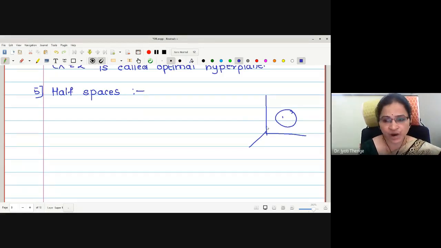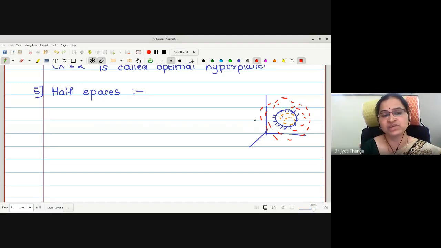The first part is all the points on the boundary of this figure. The second part is all the points inside the sphere, and the third part is all the points outside this figure.